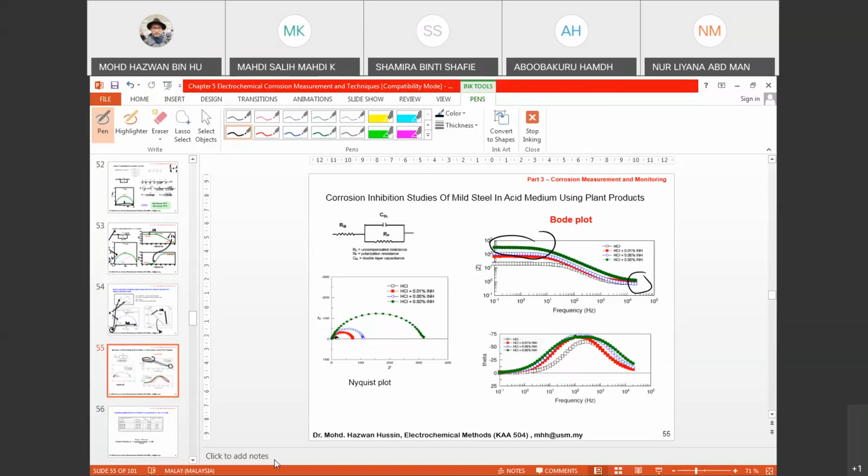If from the Nyquist plot we increase the concentration, I have good inhibitor efficiency, because the value of real Z is more than the other. It's almost 300. Okay. Then what about from the Bode plot or the phase angle plot? We can know we have one capacitor and two resistances, the resistance of solution and the resistance of the double layer.